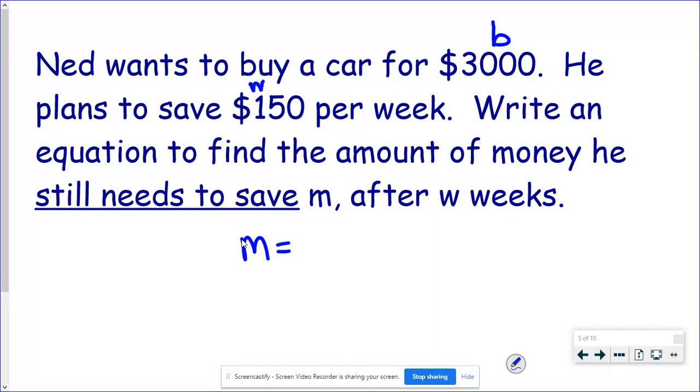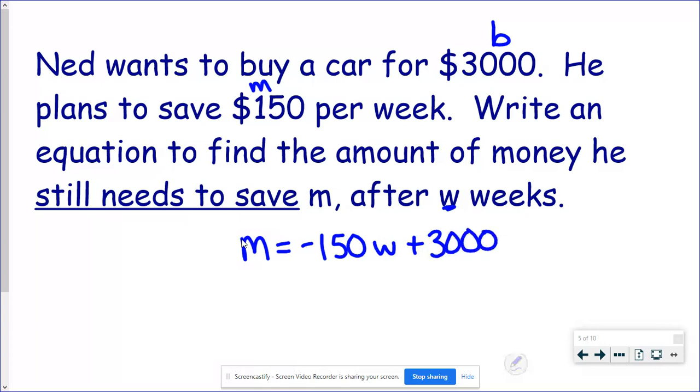This is how it's changing every week. But since he's saving that money and it's decreasing the amount of money that he still needs to save, we would say that that's a negative 150 because we're really looking at how much more he has to get. So it's decreasing by $150 each week, but he starts by needing $3,000.